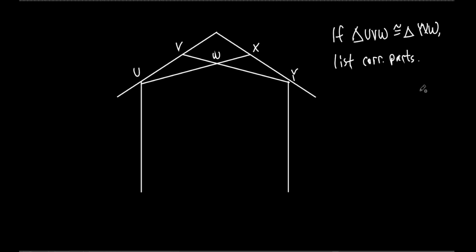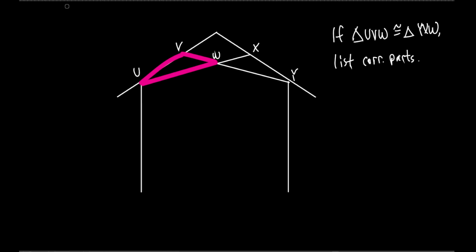Now let's take a look. Let's look at triangle UVW. Where is UVW? U, there's V, there's W. So if you want, let's do this. There's U. I'm just going to outline it just so we can see it a little bit easier.